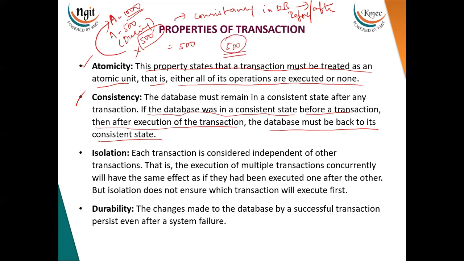So 500 plus 500 is 1000. Before the transaction, the total amount in account A is 1000, and after the transaction, the remaining amount and the withdrawal amount sum to the same 1000. Which means the database is in a consistent state.